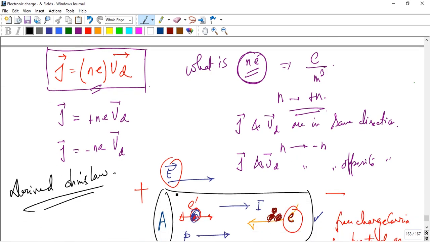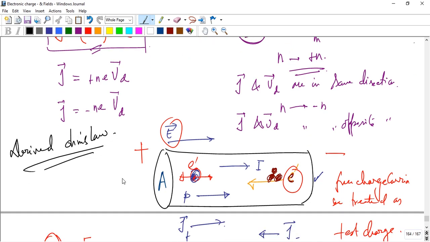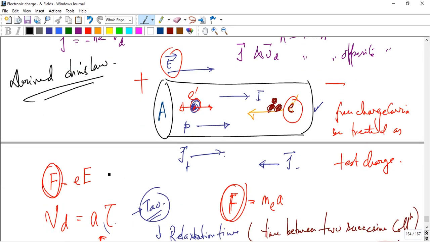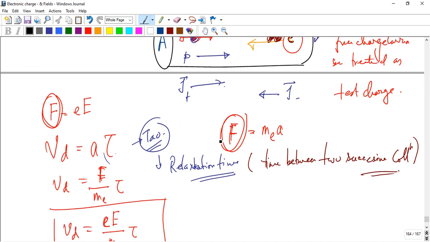We derived that, and now we derive the very famous Ohm's law. We put in some basic equations: the electrostatic force from Coulomb's law, Newton's second law, velocity and acceleration, and tau, the relaxation time, the time taken between two successive collisions. Velocity equals a times tau.